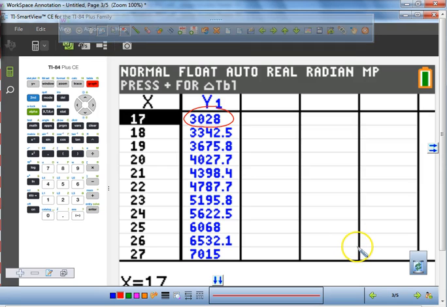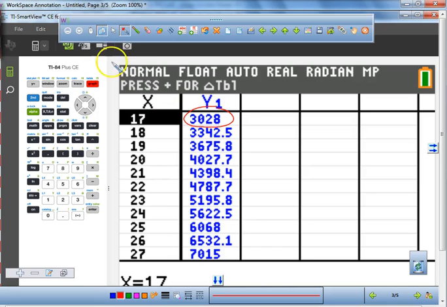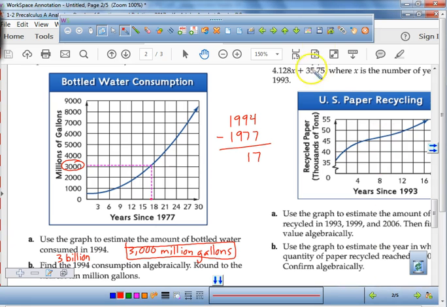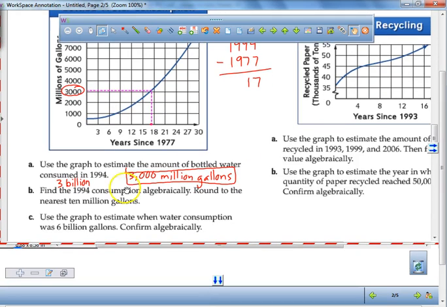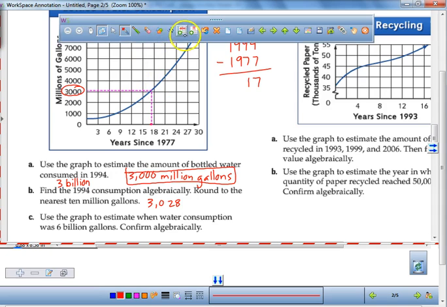So basically, 3,030 was the nearest 10 million. So right here, where it says the nearest 10 million, if I have 3, 0, 2, 8, and I want to round to the nearest 10 million, I'm just going to put 30.